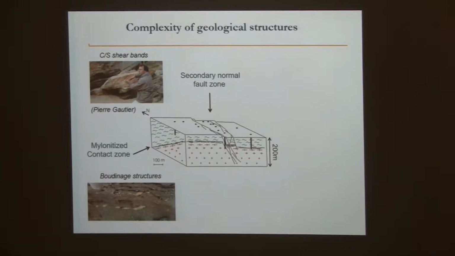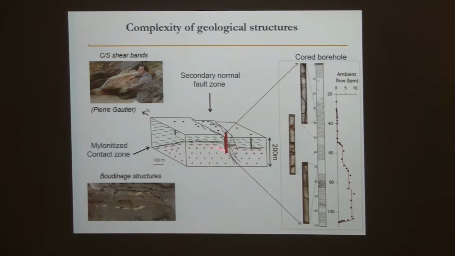You can see the deformation very well in the field, but when you look at the data in terms of hydrogeology, for instance, this is one borehole, and the borehole has been cored.